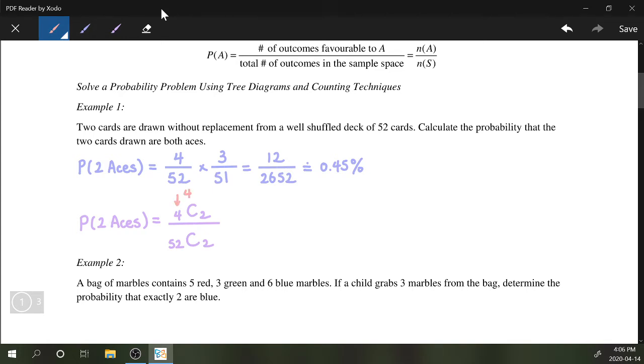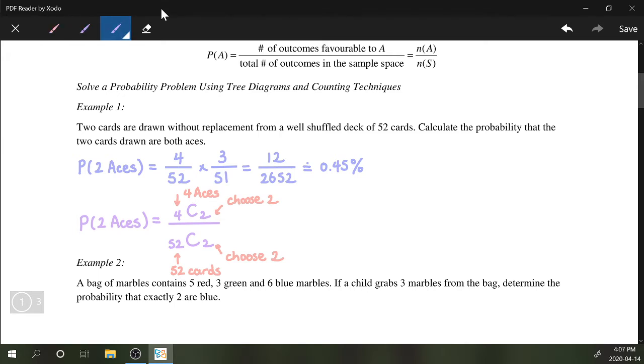So this is 4 aces, you choose 2, 52 cards, and again you choose 2 to represent the favorable outcomes and then the total number of outcomes.